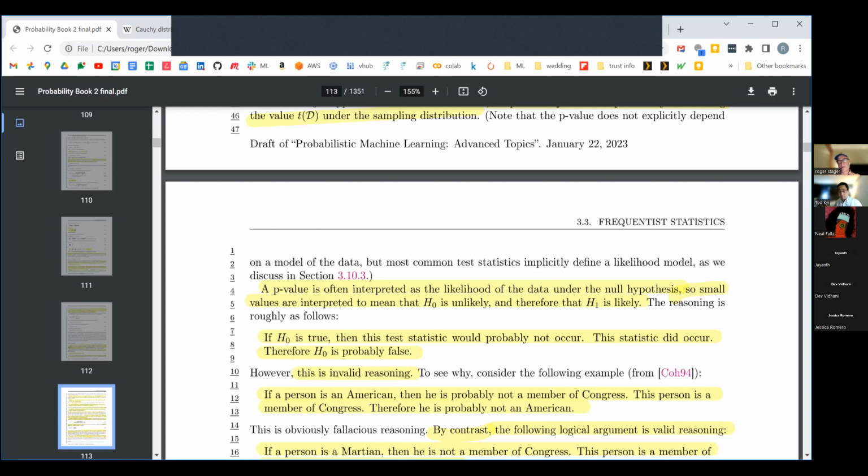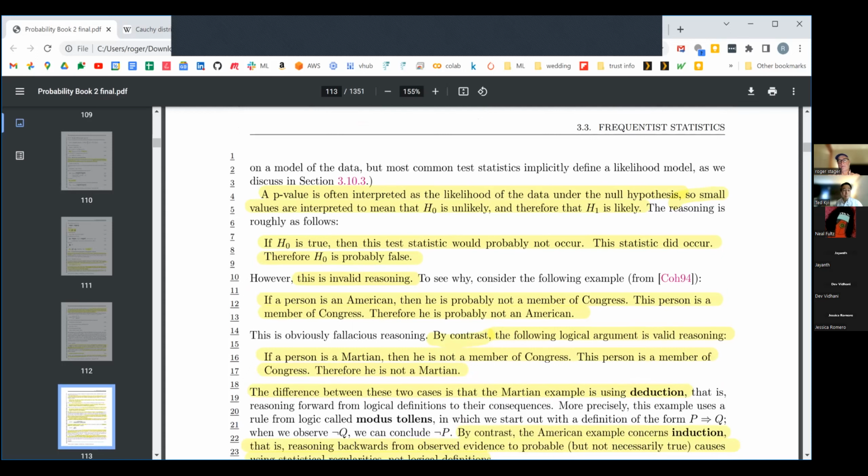It just says if you're making a decision based on this, you're only going to have false positives 5% of the time. Right. Okay. And if you look at line 5, the statement is something like H0 is unlikely, therefore H1 is likely. There is no black and white. It's how unlikely and likely things are.